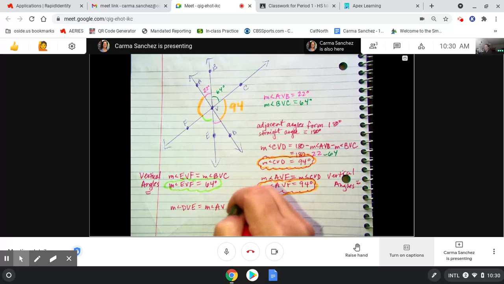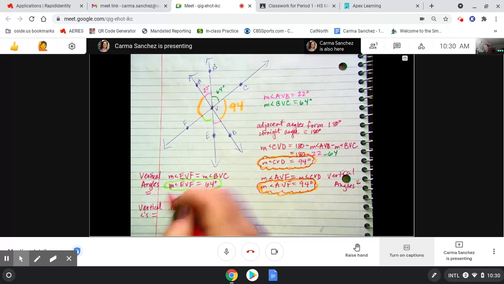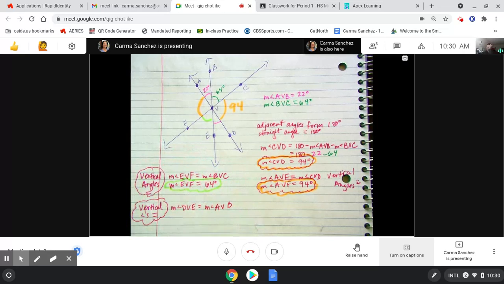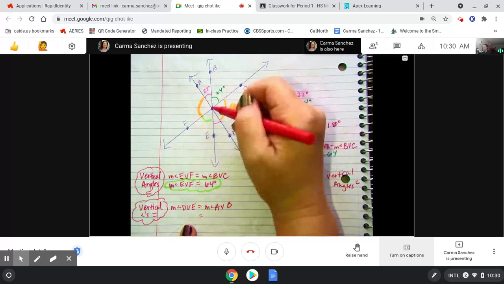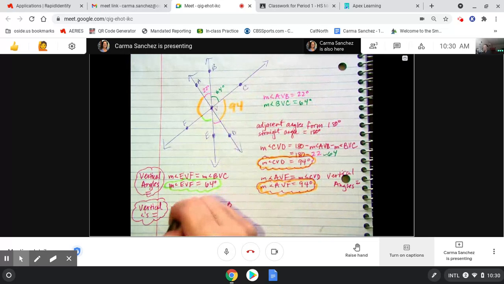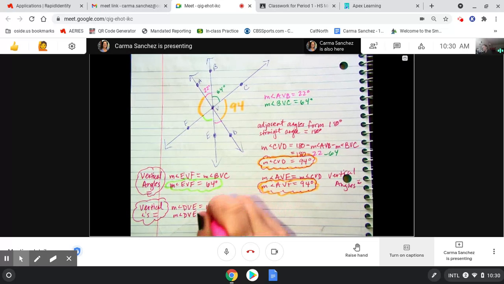And why? Because vertical angles are equal. So DVE is equal to this one, which happens to equal 22 degrees, because vertical angles are equal.